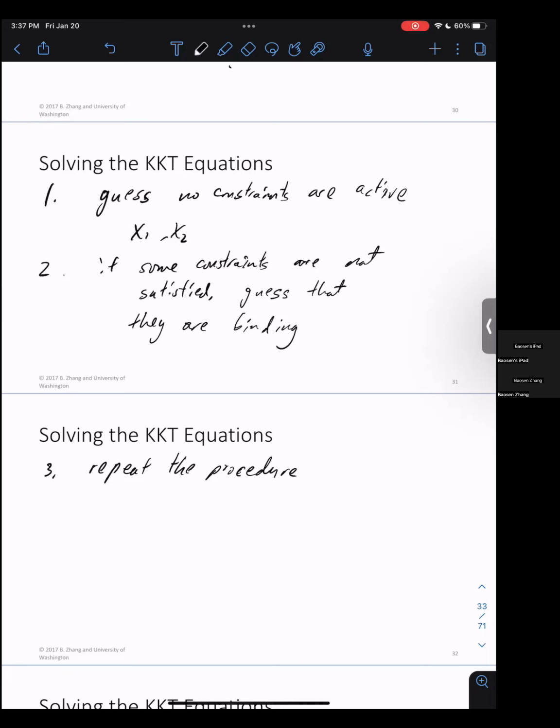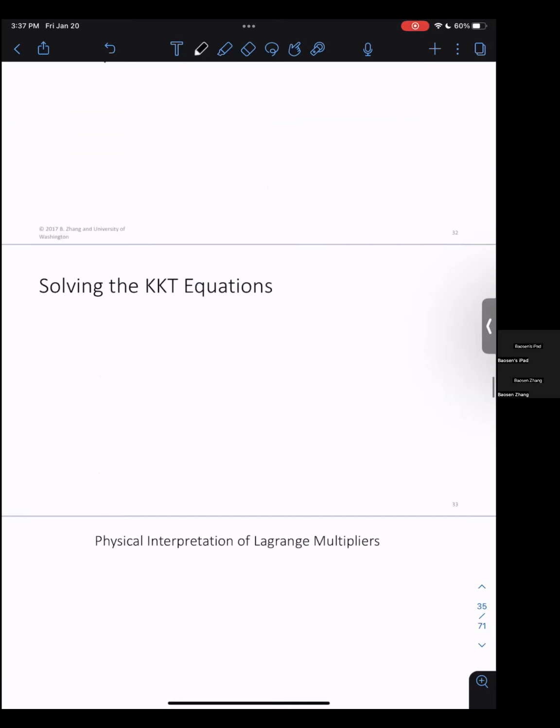Before that, similarly to how we gave an interpretation of the equality constraint, here we'll give an interpretation of the inequality constraint.